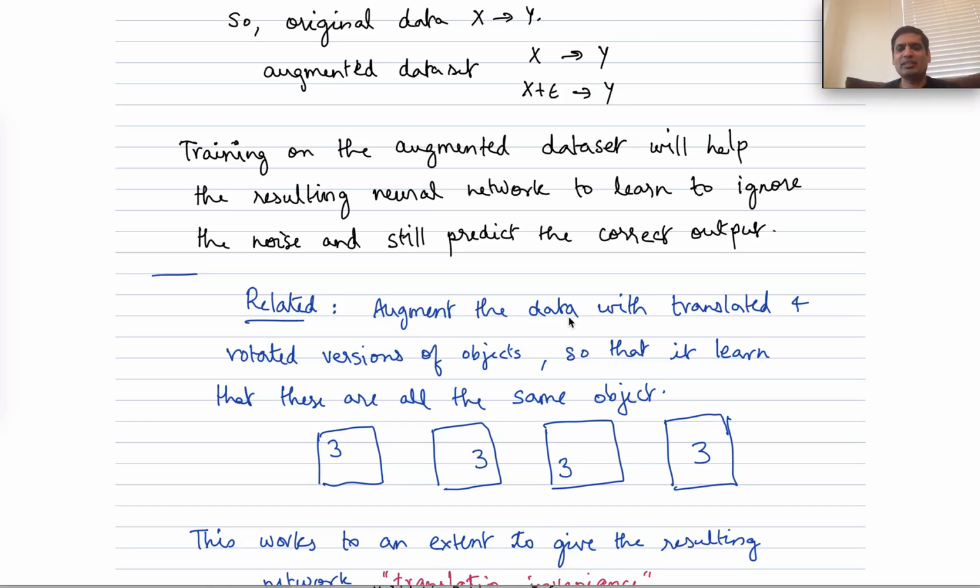You could augment the data with translated versions of the objects or rotated versions of the objects in the input images, and the output, of course, is still three. If the input has these threes in different positions and the output is still three, the training will make the network, if it is sufficiently complex, learn that all these things are the same object, three.